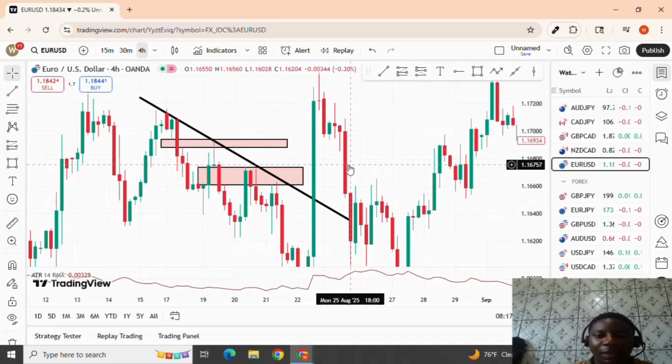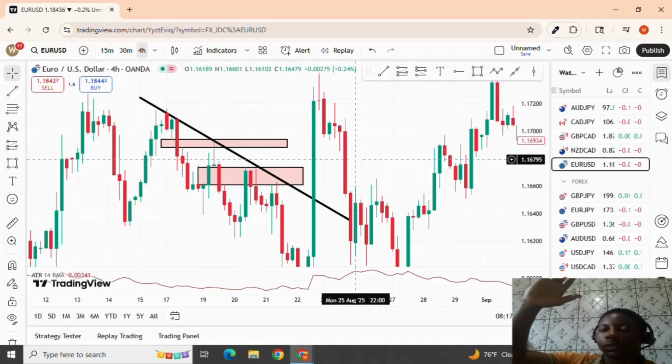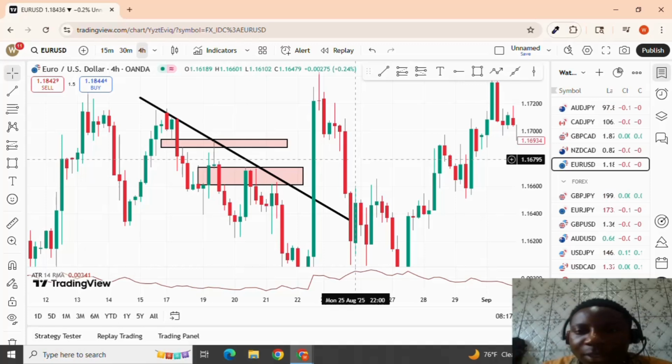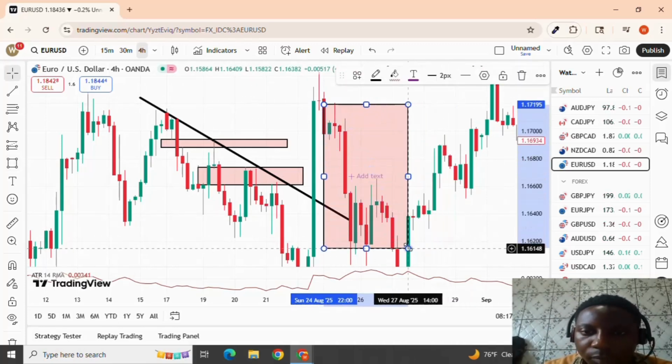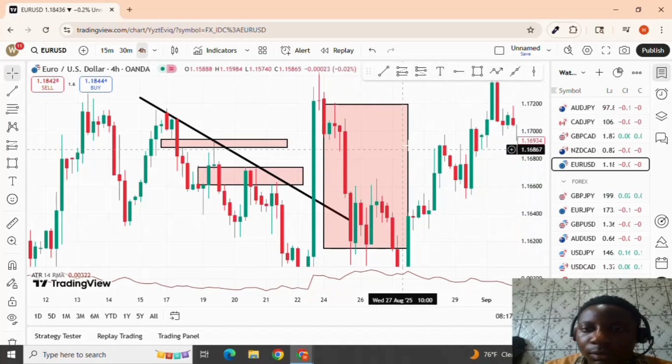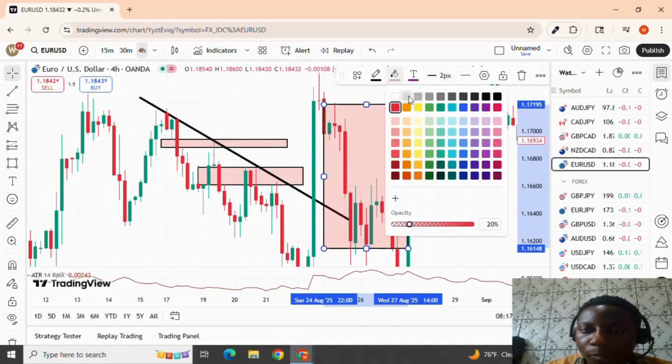I know I may have gone a little bit too far, but what you will need to realize is that to identify a fair value gap, you need to look at three candles. I'll use this example for us to understand fair value gaps. I'm going to give it a neutral color.